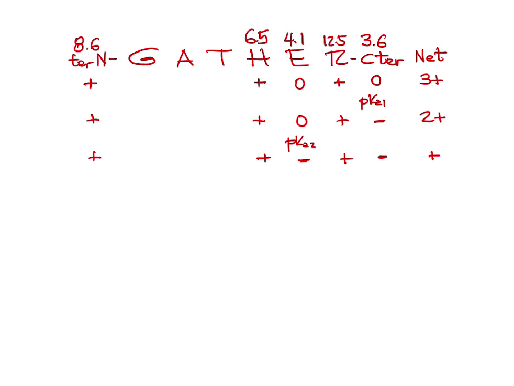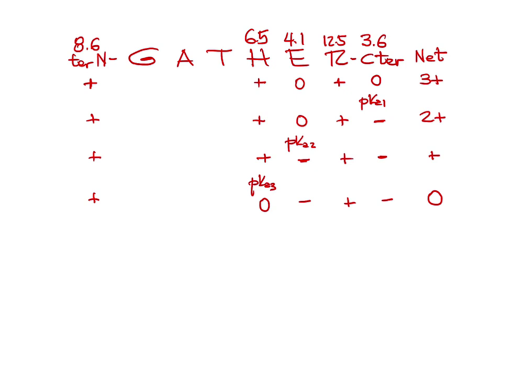Then we go to the next one, which in this case is going to be the histidine, pKa3, 6.5. Histidine is going to be deprotonated, it becomes 0, and the other ones would remain as they were. So the total charge now is going to be 0.